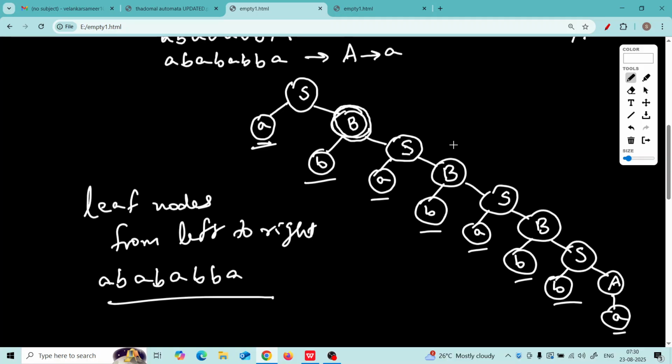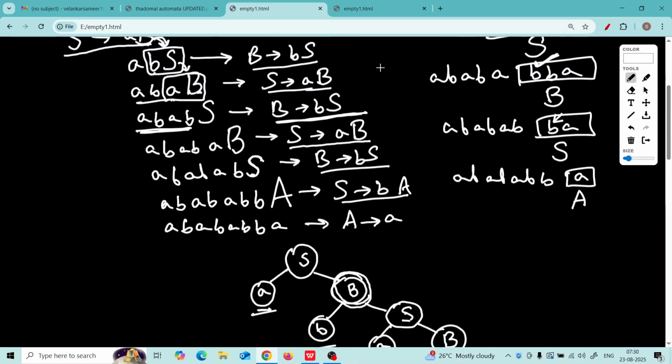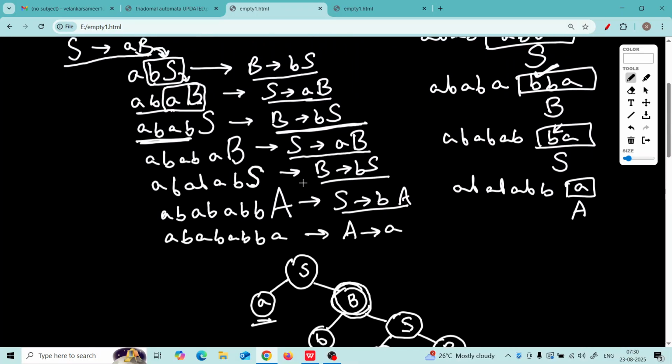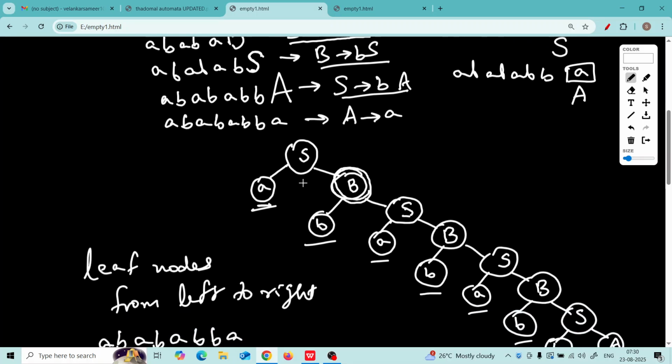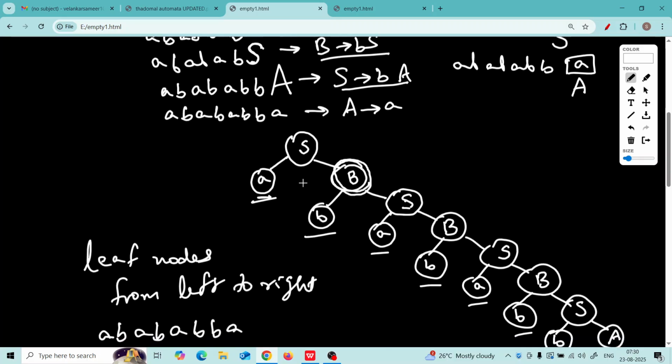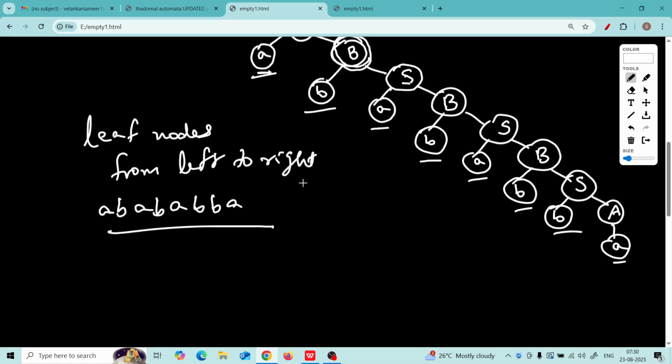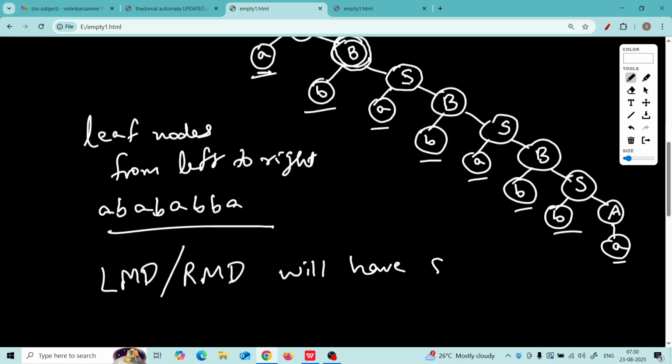The derivation that you wrote step by step, you are showing it as a picture, nothing else. Now, have you understood one thing, that the leftmost derivation and the rightmost derivation both will have the same parse tree?